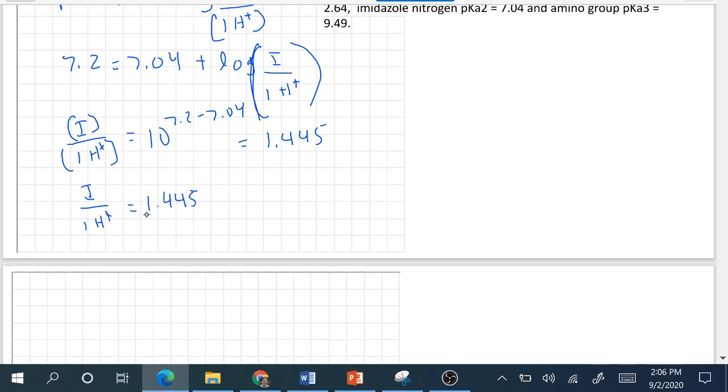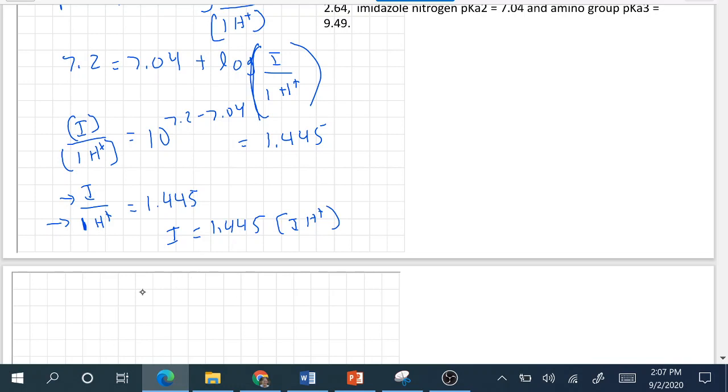Don't forget that these are concentrations, and I'm just going to leave the brackets off for simplicity for a little while. So we can solve for I: I is equal to 1.445 times IH plus.